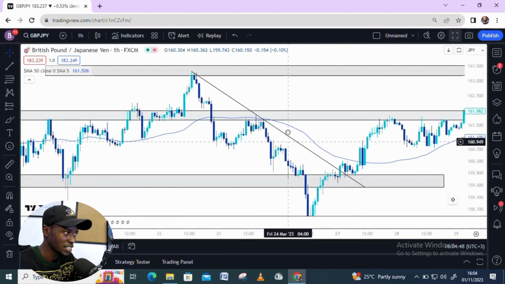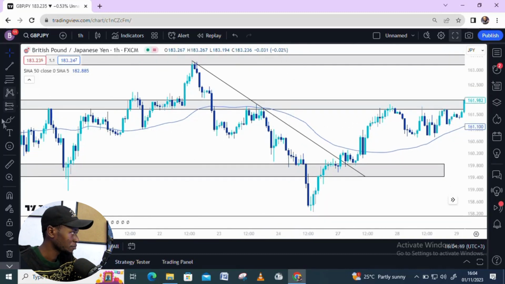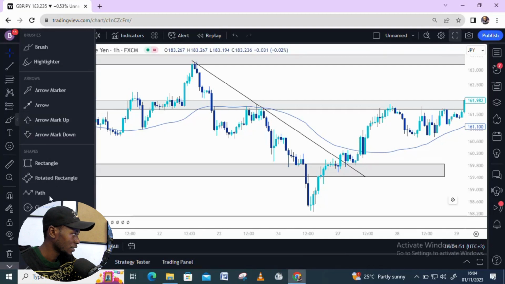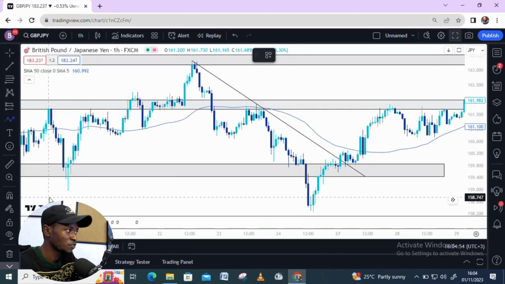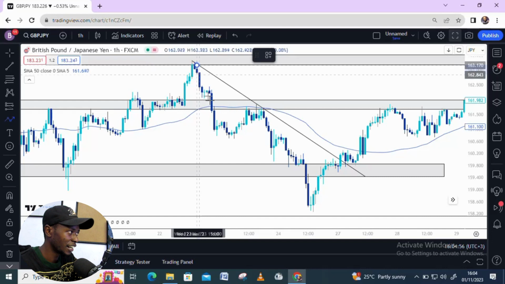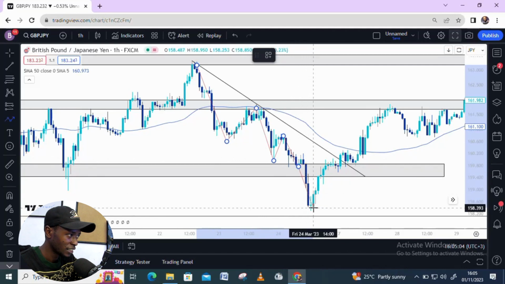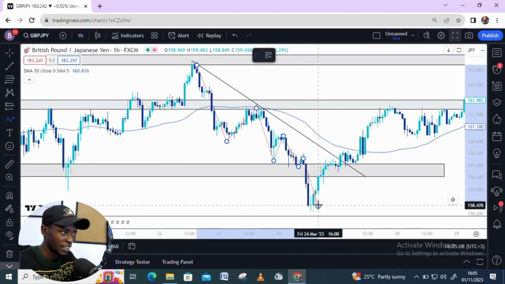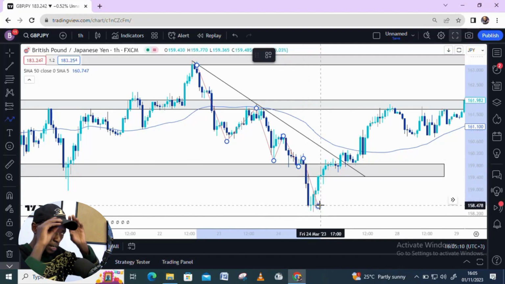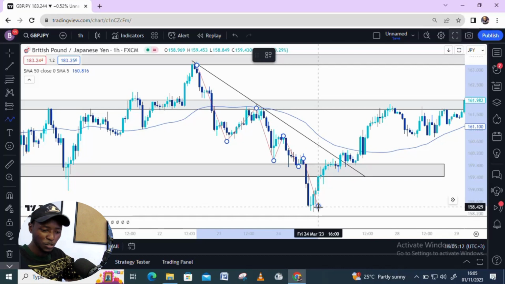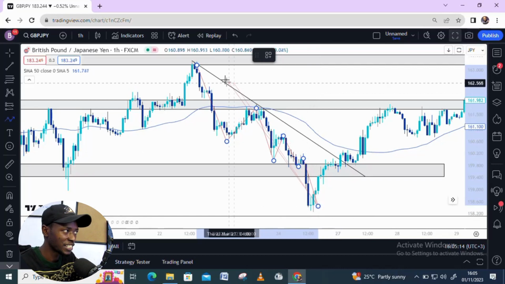Breakout trading simply means this market was forming lows. Now, for this type of strategy, you need to see a break of the trend.